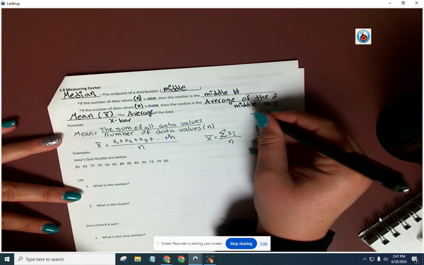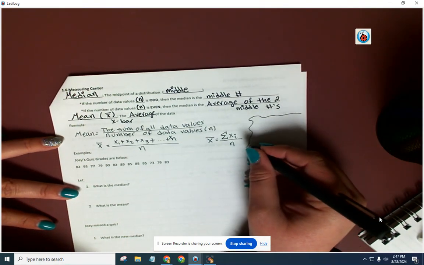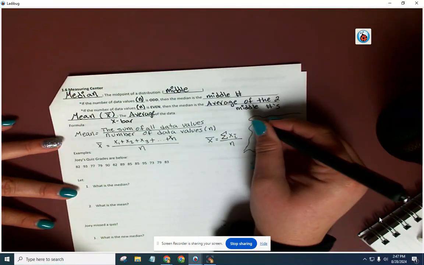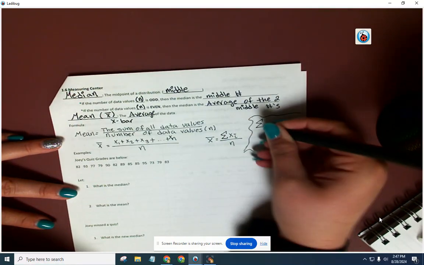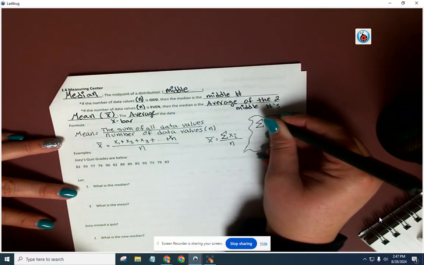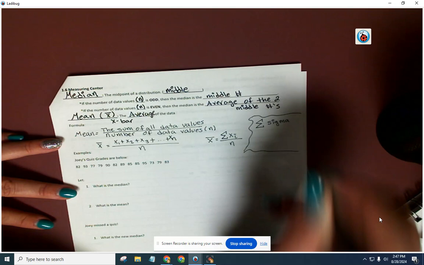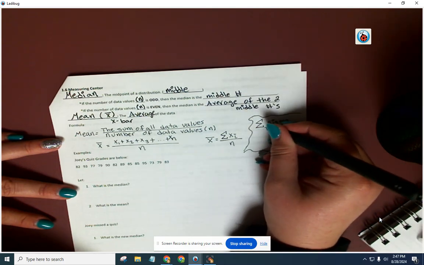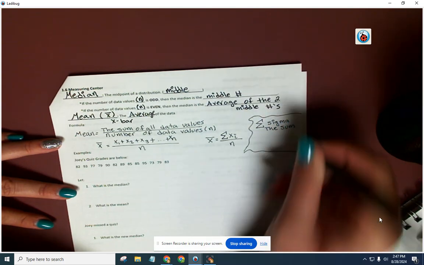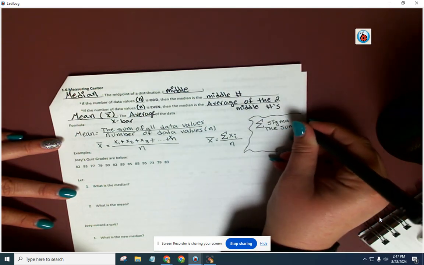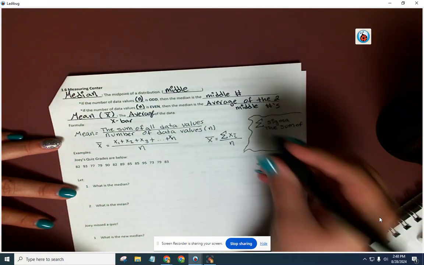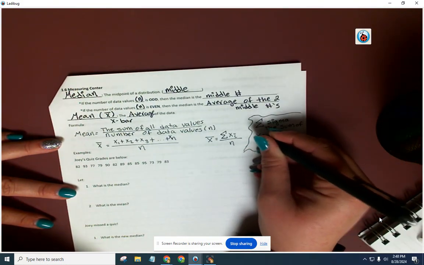Okay, now there's a couple of symbols that we don't know properly what they are. The first is this. This symbol is called sigma. It is a Greek letter, and it means the sum of. Next is x sub i.